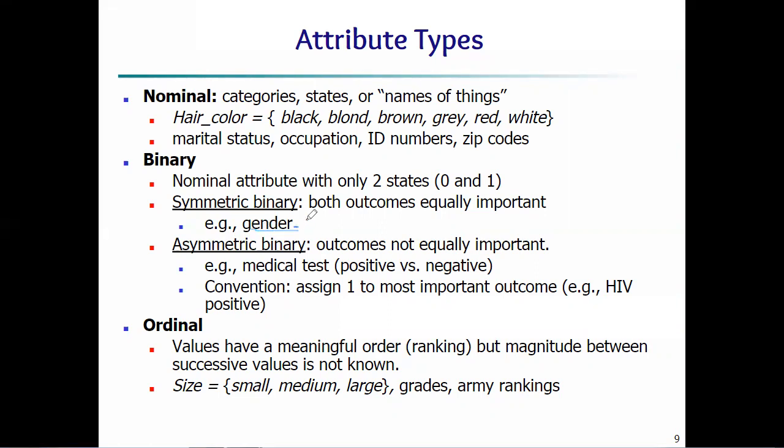Is there a provision that girl students pay this much fee and boy students pay that much? It's not like that. Both are equally important, whether girl or boy. I hope everyone is clear on what I want to say. The gender is equally important in the given database. When a student has to fill the exam form, it doesn't matter whether male or female. So both outcomes are equally important. It's called symmetric binary. I hope everyone is clear on this part.